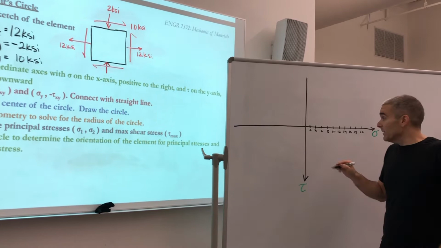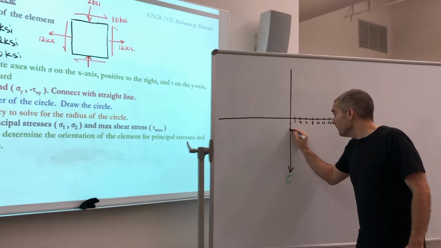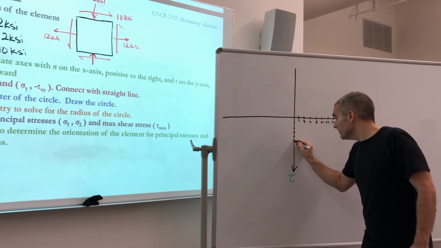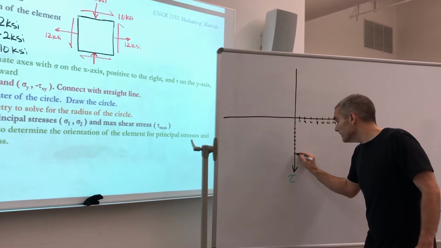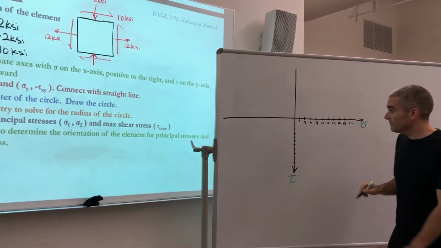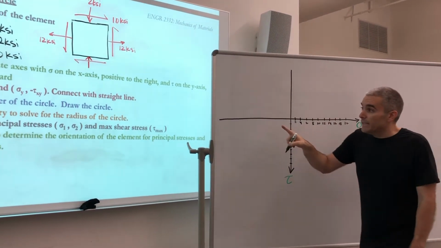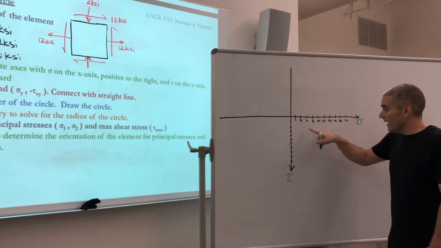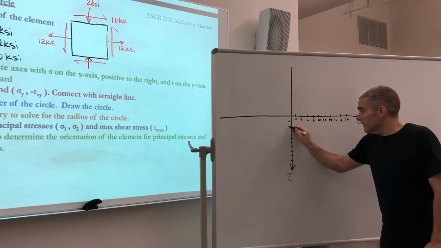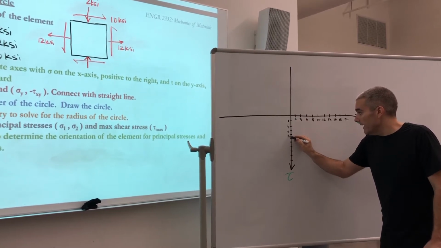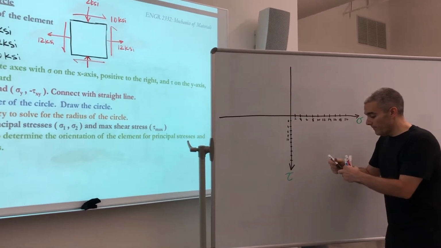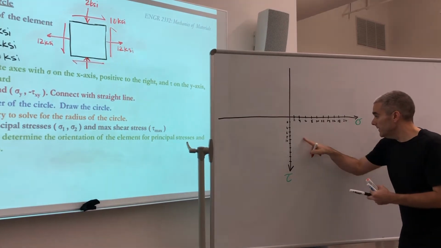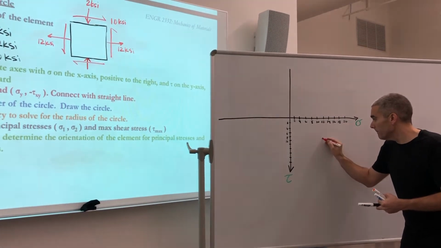You can use the blocks to scale them. All right, so I need to plot 12, comma 10. So this is 2, 4, 6, 8, 10. 12, comma 10 is right about here.